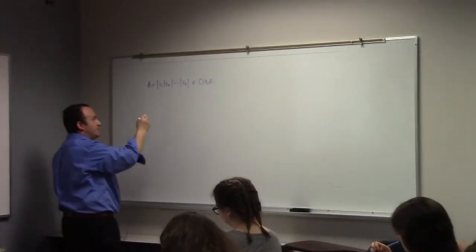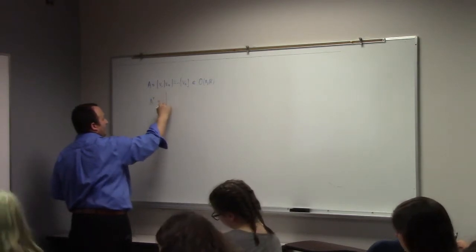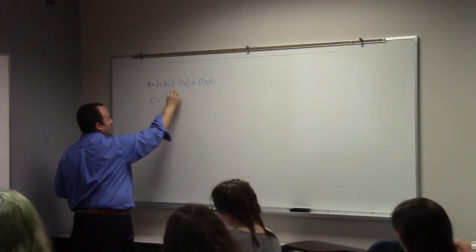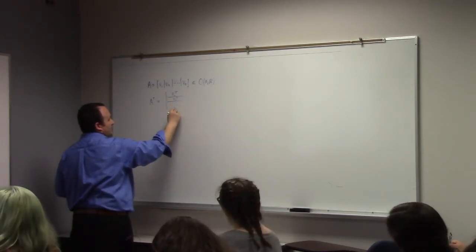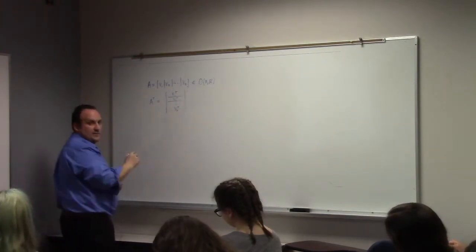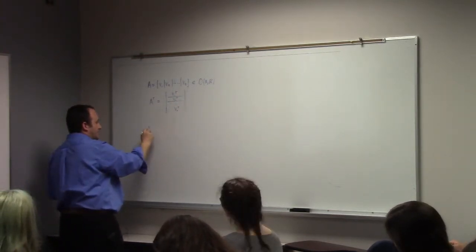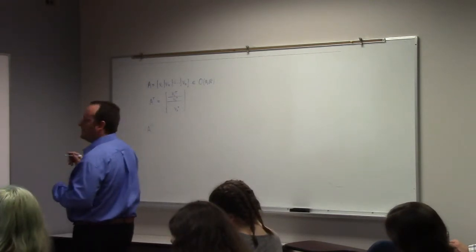Then what would A transpose look like? The transpose, right? V1 transpose, V2 transpose, Vn transpose, right? So we're assuming that A transpose A is equal to what? The identity, yeah.